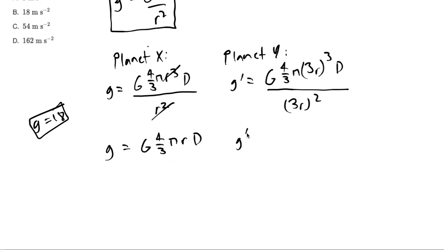And g dash simplified would be G 4/3 pi into 27 r d over 9. Notice how I just cancelled the r squared and r cubed.